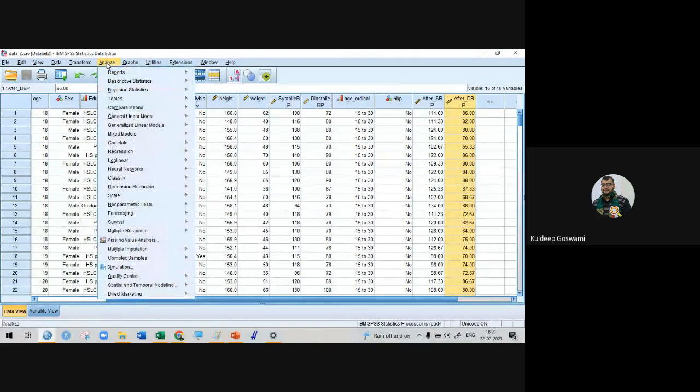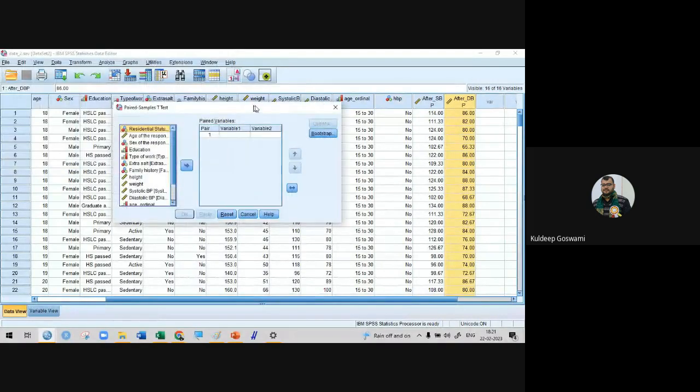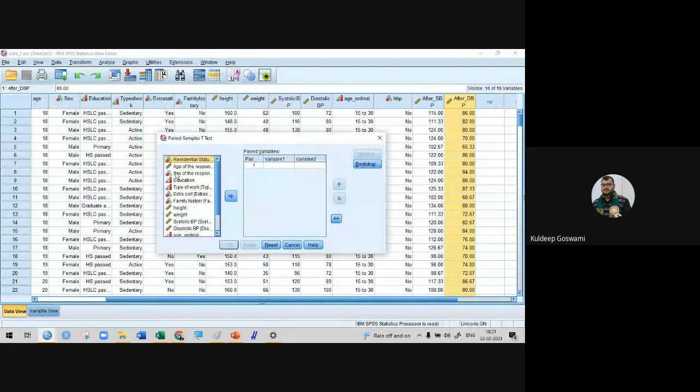Then go to Analyze, Compare Means, then Paired-Samples T Test. Repeating the point, go to Analyze, Compare Means, then Paired-Samples T Test. Click on this. Okay, this kind of table will appear.